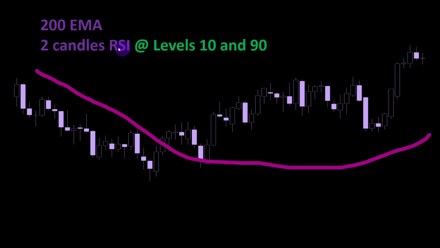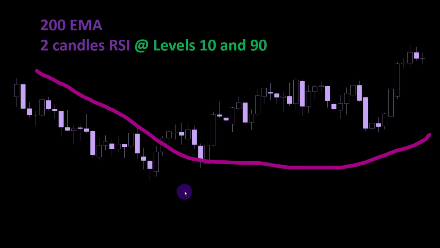So instead of a 2 candles RSI, we might be using a 3 candles or 4 candles RSI if we are changing the time frame. But anyway, for the 1 minute time frame, we are going to use a 2 candles RSI at first and test the levels below 10 and above 90 for the RSI.